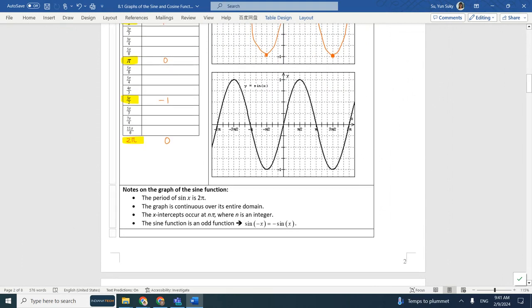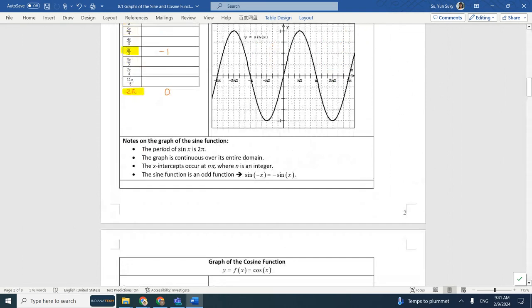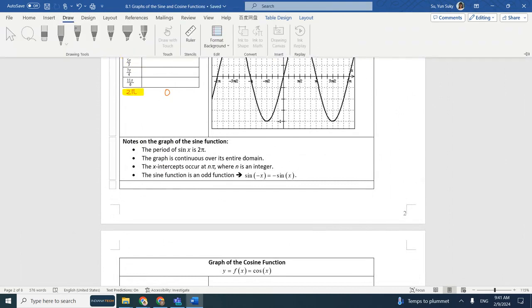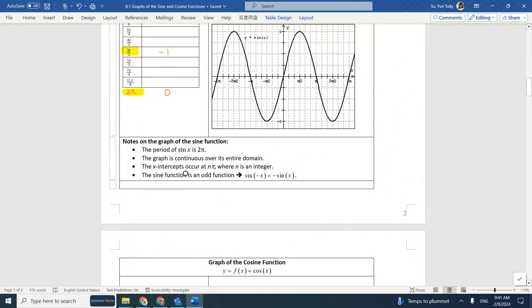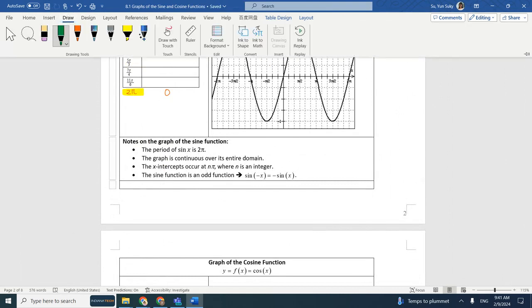And what is the domain and range? So here the domain. Oops. It does not allow me to write. Okay, now it's good.